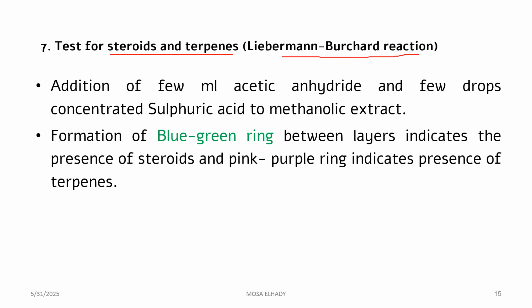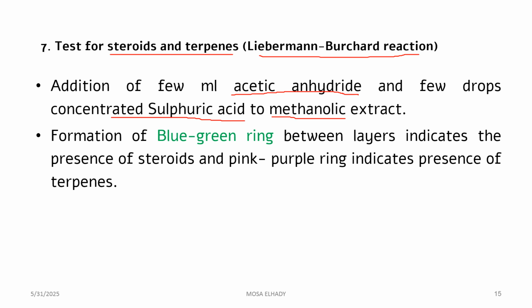Liebermann-Burchard reaction, or Liebermann-Burchard test. This test consists of two reagents. One of them is acetic anhydride, and the other is concentrated sulfuric acid solution. The extraction solvent used to obtain the extract is methanol.